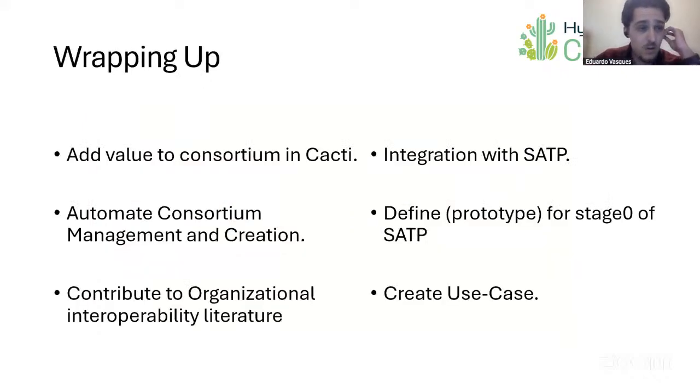So wrapping up all the work that took place during the project, we achieved most of the main goals of the project. We had a valid consortium in Cacti, mainly by introducing the policy model in Cacti in the new plugin. We automated consortium management and creation, so we created a process to allow new nodes to join the consortium network. And we also contributed to the literature, mainly through the publication of my master's thesis, which included in fine detail all of the contents of this work and many more things in particular.